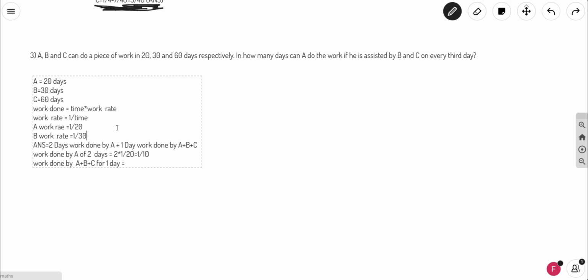First we have to find the work rate of B and C. So the work rate of B is equal to 1 upon 30. C's work rate, what will it be? 1 upon 60. Yeah, 1 upon 60.